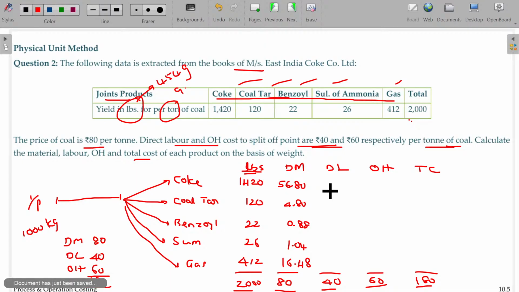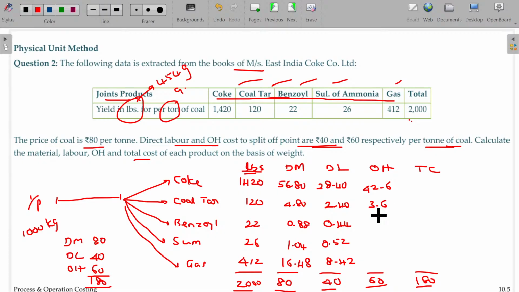In case of direct labor, 28.40, 2.40, 0.44, 0.52, 8.42. Overheads 42.60, 3.60, 0.66, 0.78, and 12.36. You have to sum all these things to get the total cost.